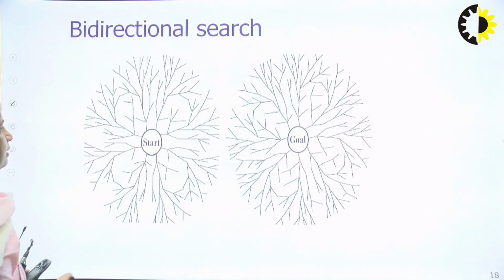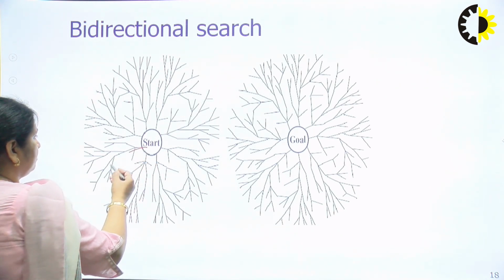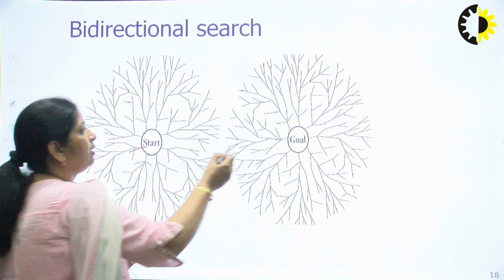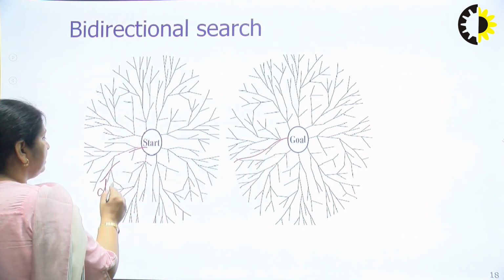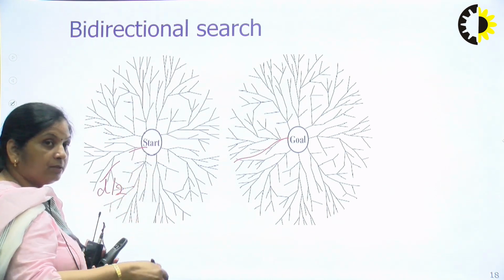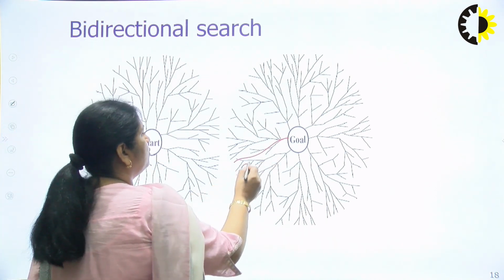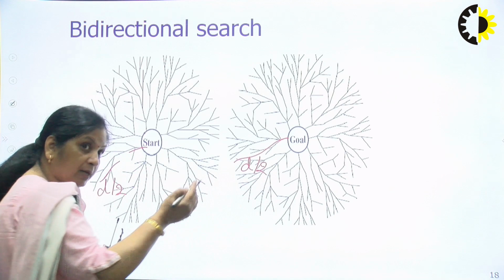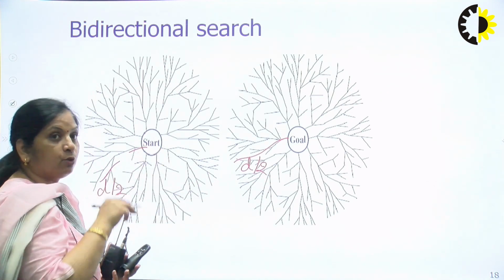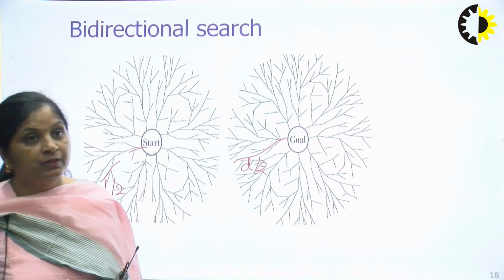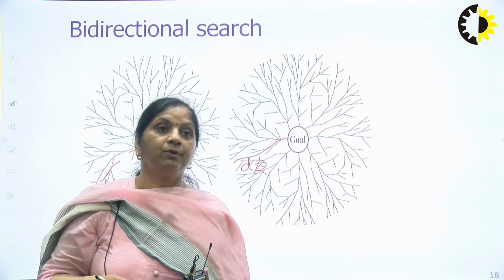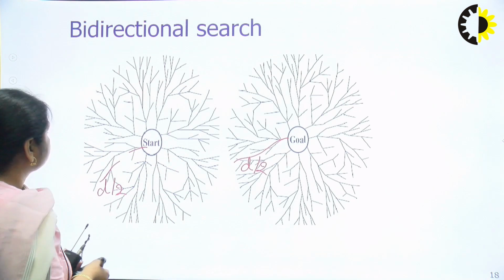This is the idea: start from the start point and from the goal point also. From here move D by 2 depth downwards, from here move D by 2 path length upward, and then stop at a middle point to find the fast solution. So this is the concept of blind search.